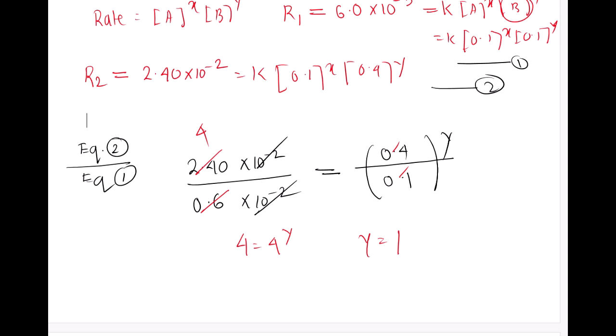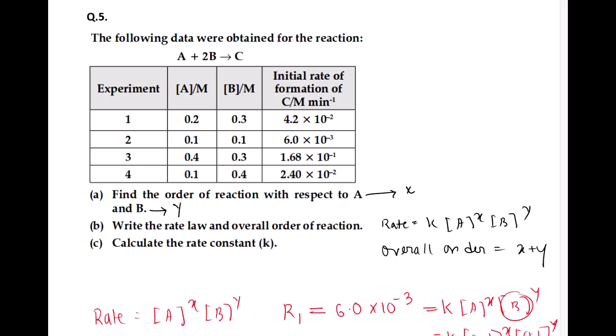Let's go for the calculation of X. For calculation of X, we have to keep the concentration of B constant. See experiment 1 and experiment 3, the concentration of B is constant. So here the rates we can take as 4.2 into 10 to the power minus 2 first.